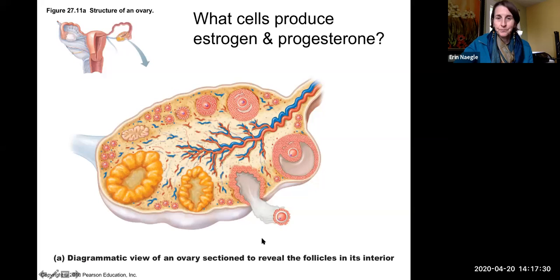If, however, this egg does not get fertilized, then this corpus luteum degrades, as shown here, and those cells just die off. And then the whole process begins again, beginning with multiple of these small undeveloped follicles developing.